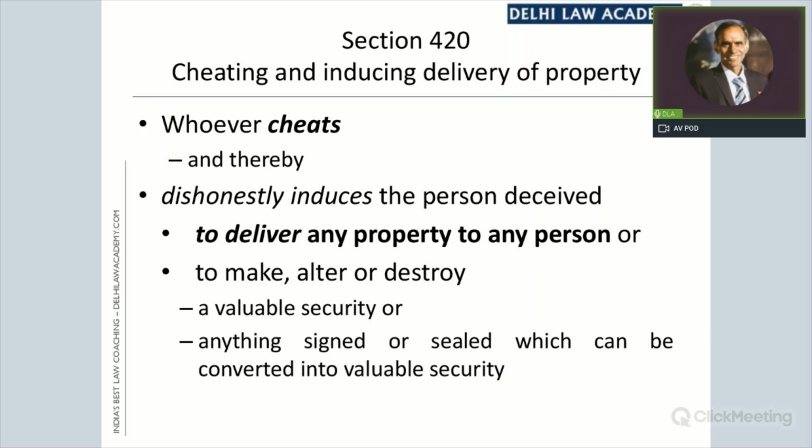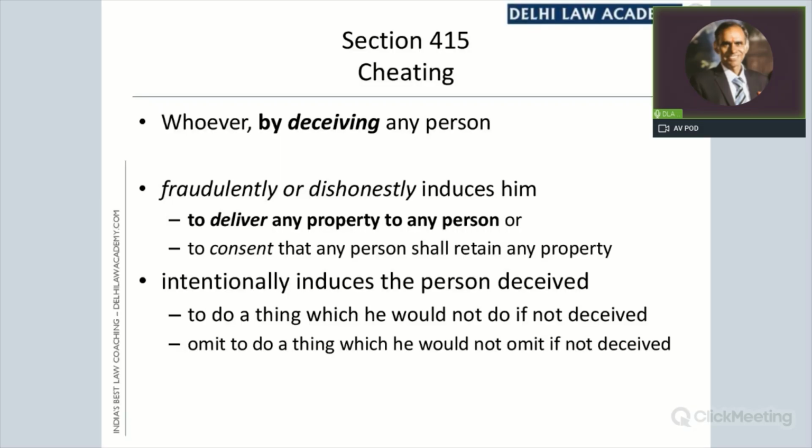Cheating itself is deception followed by delivery of property. So 420 also squarely applies to a situation where there is deception and the deceived person is dishonestly induced to deliver a property. To the same fact situation, 415 will also apply. What does 415 require? It requires deception and thereafter dishonest delivery of property.